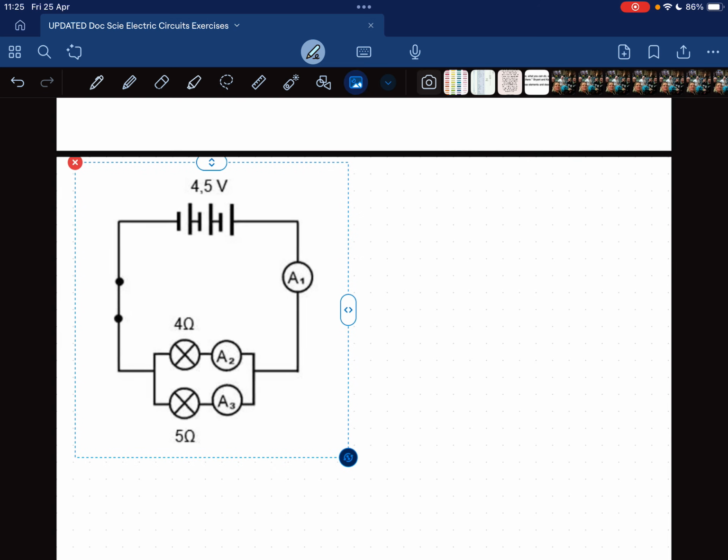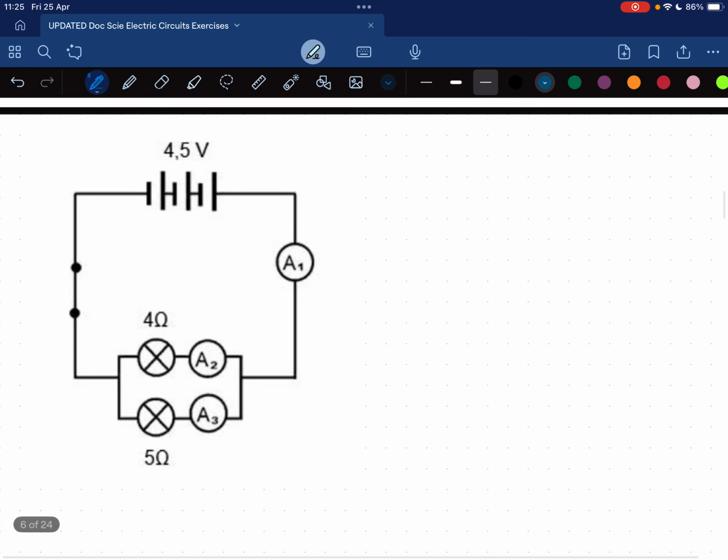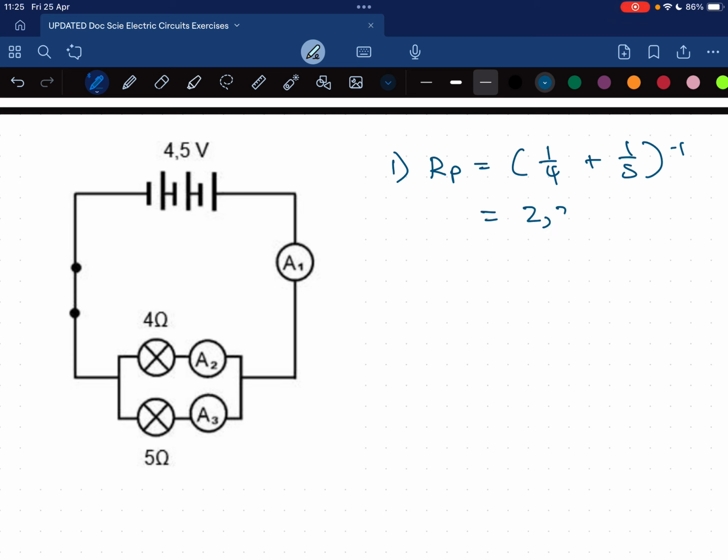So the effective resistance of this circuit is going to be just the two parallel parts. So I'm going to say, well, the R parallel is 1 over 4 plus 1 over 5 to the power of negative 1, which is just going to be 2.22 ohms. Okay, that's the answer for number 1.